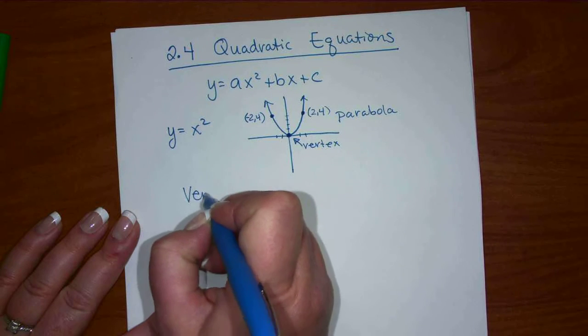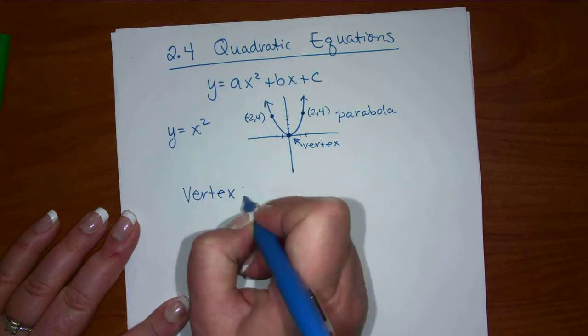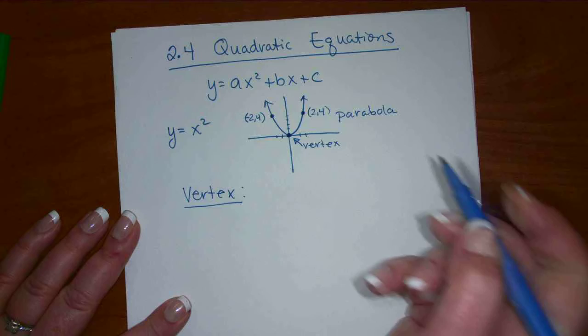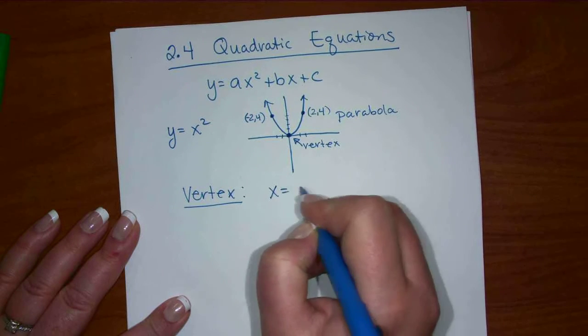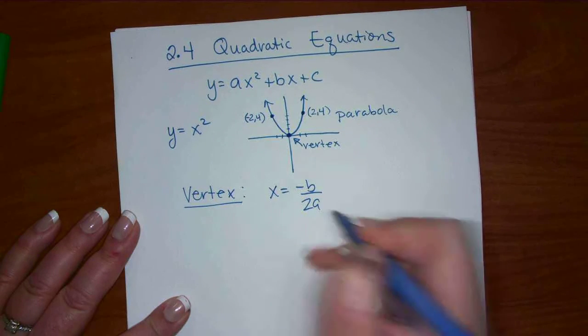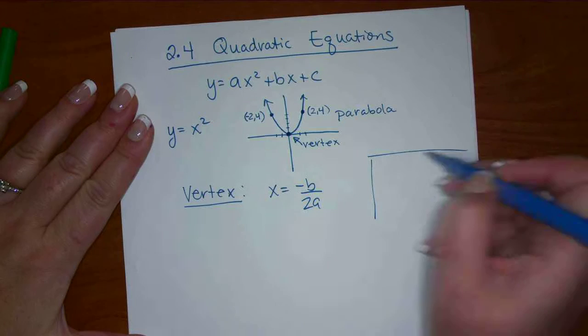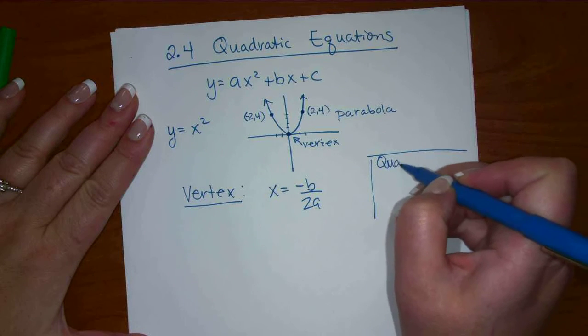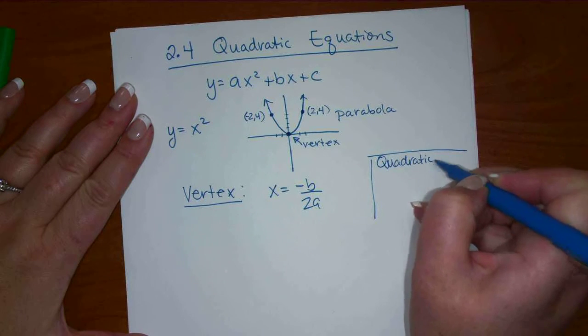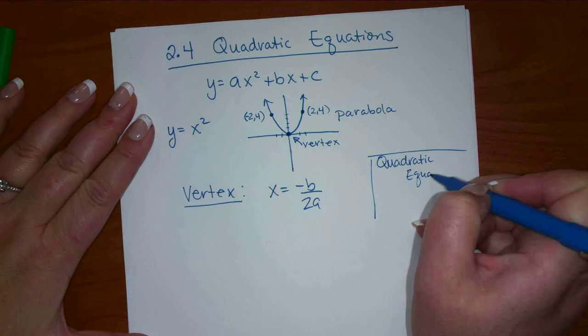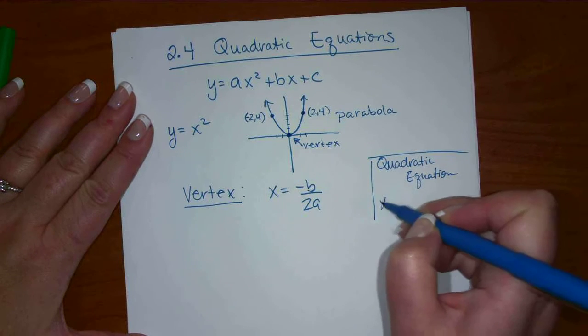So to find the vertex, there's lots of ways to find the vertex. This is the one way we're going to use. x equals minus b over 2a. Now, is this a new formula to memorize? It's actually not. Do you know the quadratic equation?